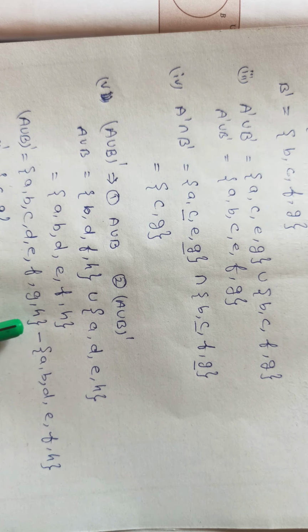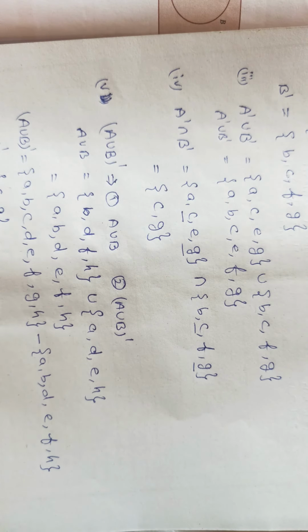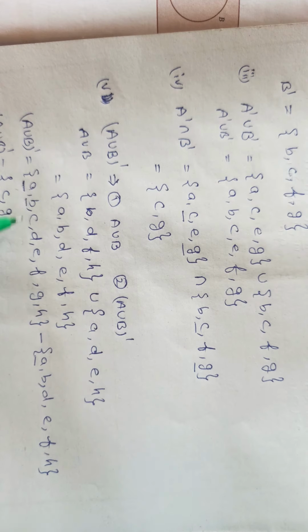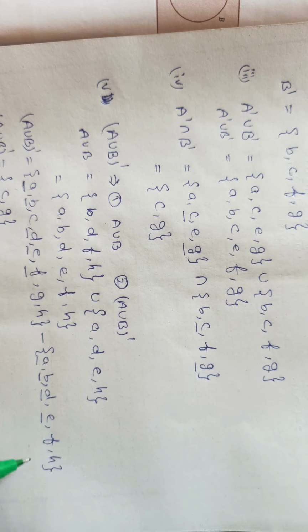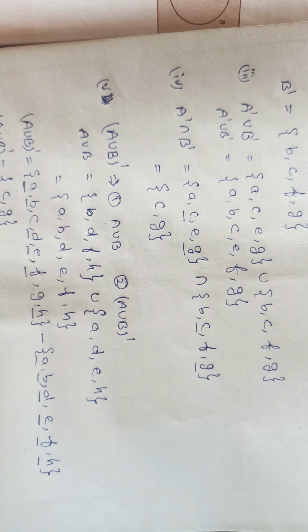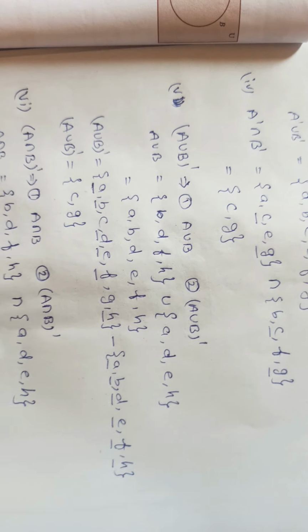So A union B whole dash is U minus A union B. So U, we know, is A, B, C, D, E, F, G, H minus A, B, D, E, F, H. Then we find the whole dash by not considering the values. A is not there, we won't write A. B is not there, D will not be included, again E will not be included, F and H will not be included. So we are left with C and G.